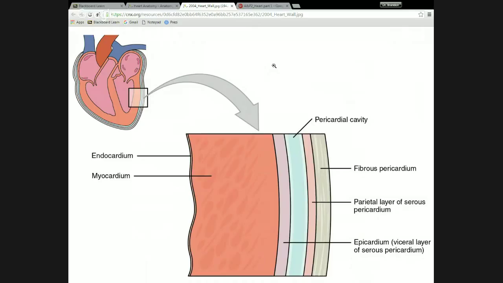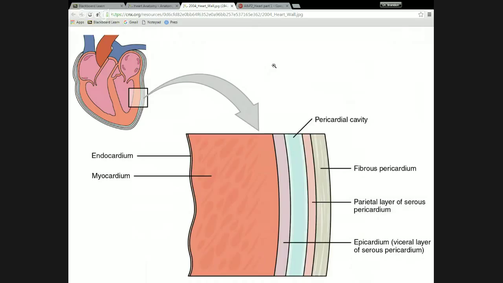Also, the fibrous pericardium, is the texture like the dura of the brain? I suppose you could say, sure. I haven't personally interacted with a fibrous pericardium. I have personally interacted with the dura of the brain. They're both fibrous tissues.